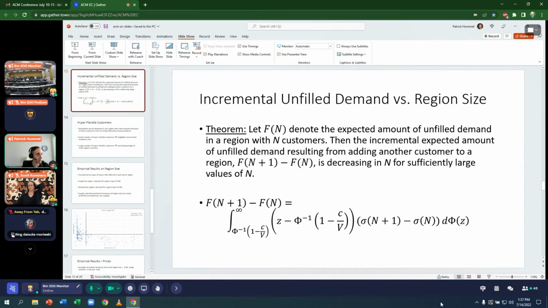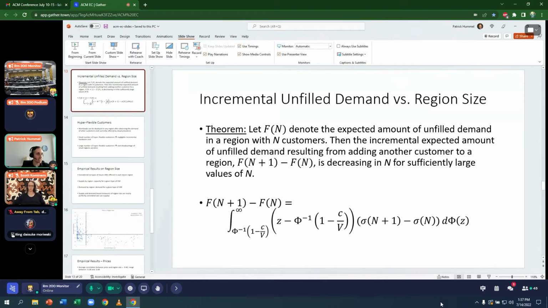And the high-level intuition for why this is true is just that in larger regions, we have a lower fraction of expected unfilled demand. And so that also means that when we add another customer to a larger region, that in expectation, that will cause less additional unfilled demand than if that customer had been added to a smaller region.